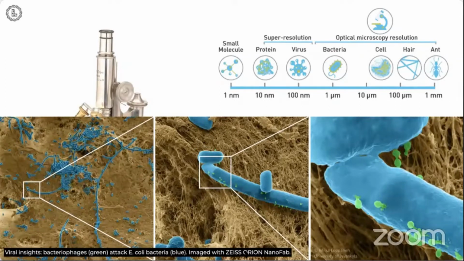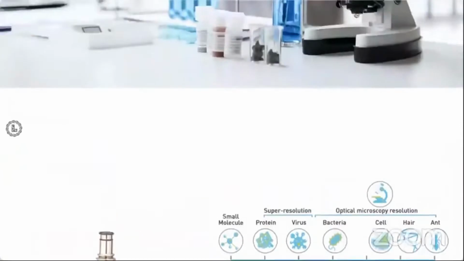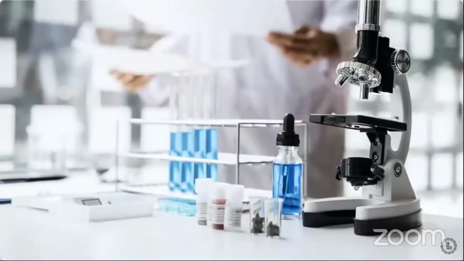We have advanced to such a level of high resolution that microbiology is defined not only by the organisms the field studies, but also by the tools used to study them.